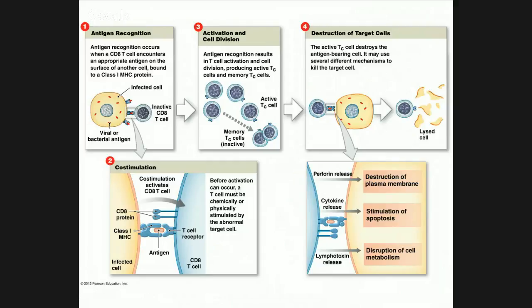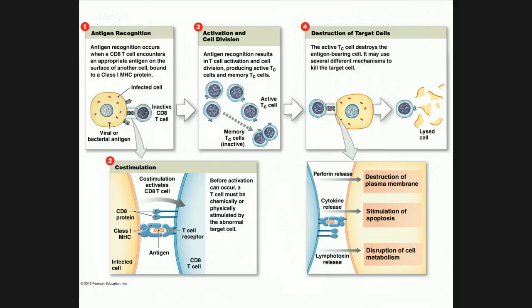Now, this depiction doesn't talk about it here, and it might be a kind of rare occasion, but sometimes the presenting cell in this situation is so far gone that it can't co-stimulate the CD8 cell. So if it's infected, that might interfere with the ability of the cell to do what it's supposed to do, and it might not be able to release the co-stimulating factor directly.